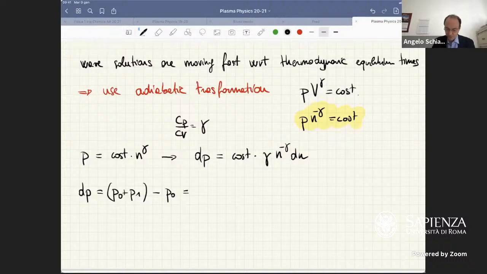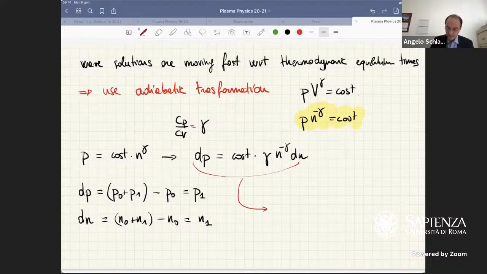So dP corresponds to the pressure perturbation, and at the same time we have that dn, the differential of the density, equals n0 plus n1, final state minus the equilibrium state, equals exactly the perturbation.